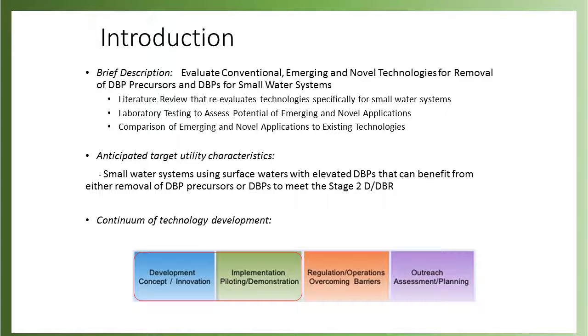Our focus on DBPs is on the trihalomethanes themselves, at least for this work that I'm presenting with my colleagues. Most of the work we're going to look at is going to be development and concept innovation, but because we're going to be discussing the alum coagulation process, I included it also in the implementation, since we're doing pilot demonstrations of that.